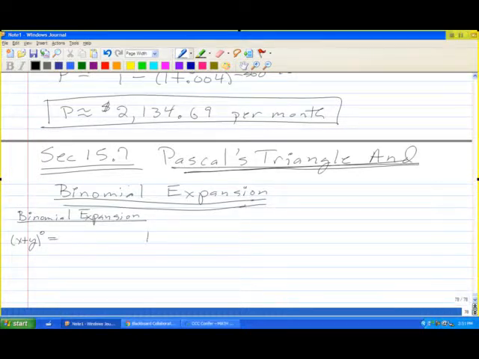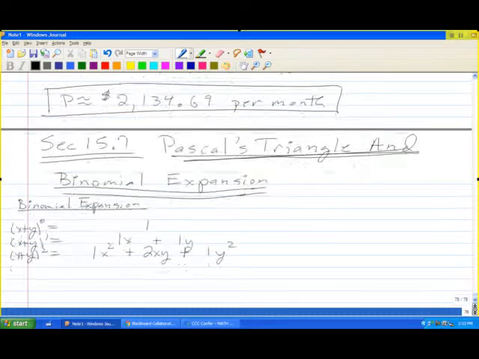Well, that's just 1. x plus y to the first, well, that's just 1x plus 1y. x plus y squared, well, that's x squared plus 2xy plus 1y squared.